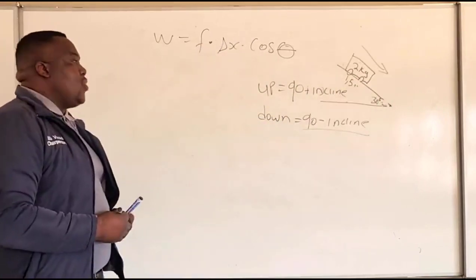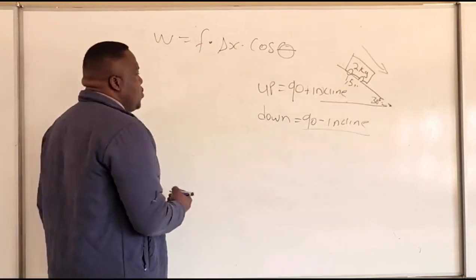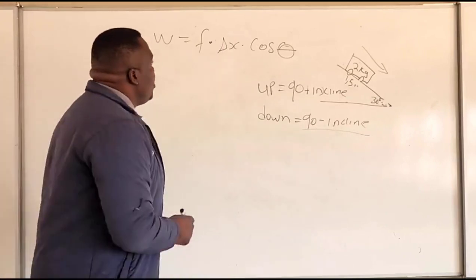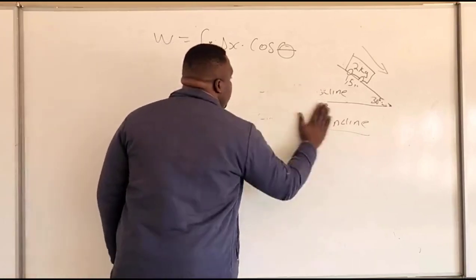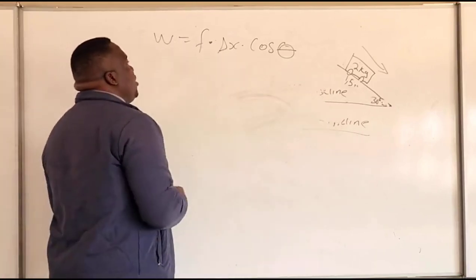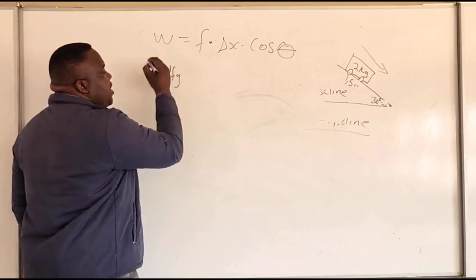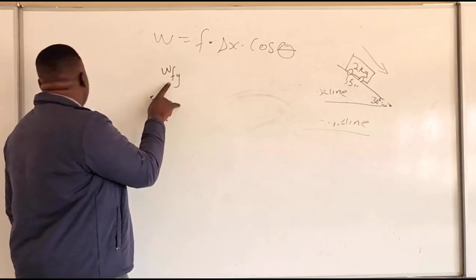So how do we calculate the work done by the gravitational force? We are going to use the same formula, but we'll be specific this time. Work done by gravitational force. Notice that I do not write just work.